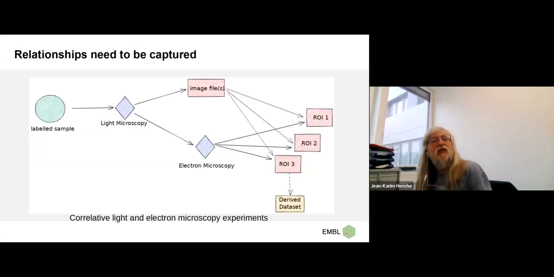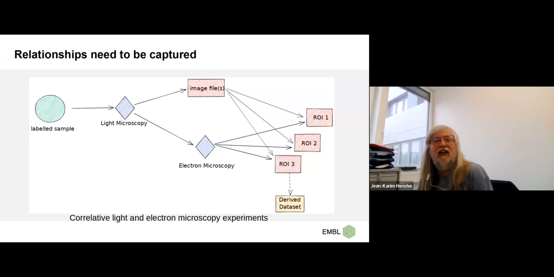Now, there are more things that you want to capture in a bioimaging data flow, and that's the relationship between different things, especially when we start having more complicated workflows. So let's look, for example, at a correlative light and electron microscopy experiment. You start from a fluorescently labeled sample. You go through light microscopy imaging, so fluorescent microscopy.